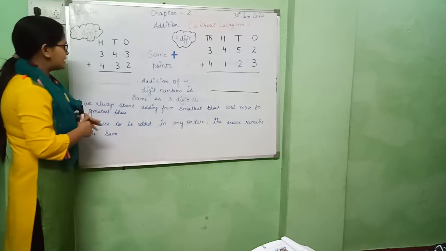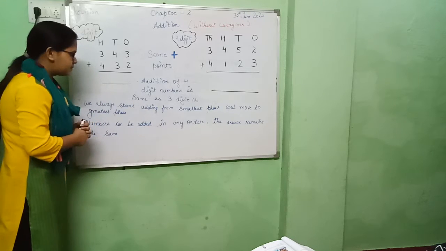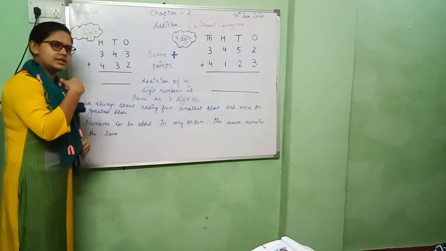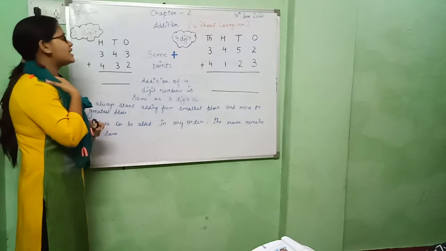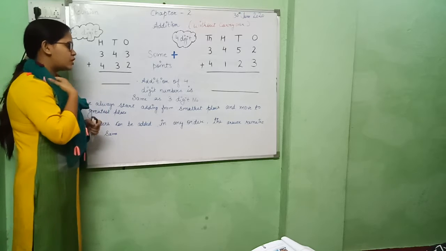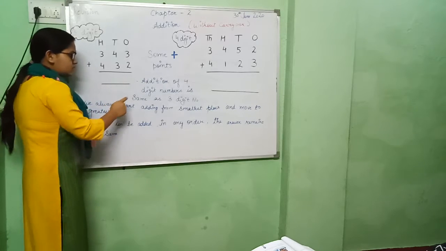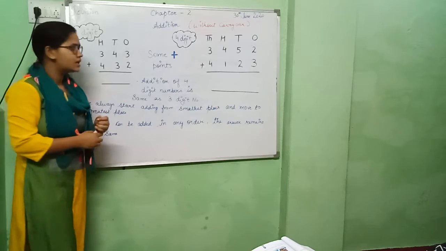So let's take some plus points, which means some addition points of this chapter. I have taken three of them, and I will take more in the next video. These are things we have to learn. Addition of 4 digit numbers is the same as 3 digit numbers.